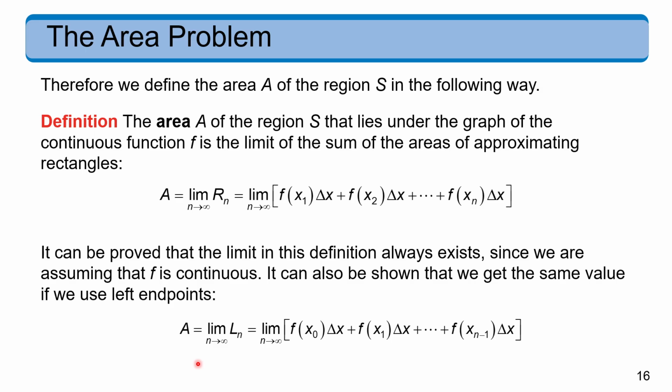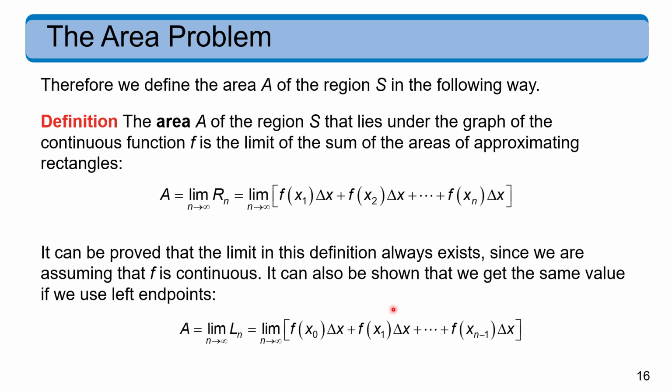So it makes sense to define the area using the left endpoints or the right endpoint method. But we also saw that L4 was different from R4 and L8 was different from R8. You would get different rectangles when you use left endpoints versus right endpoints.